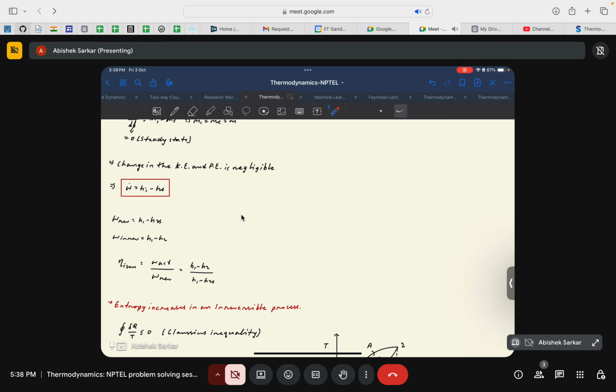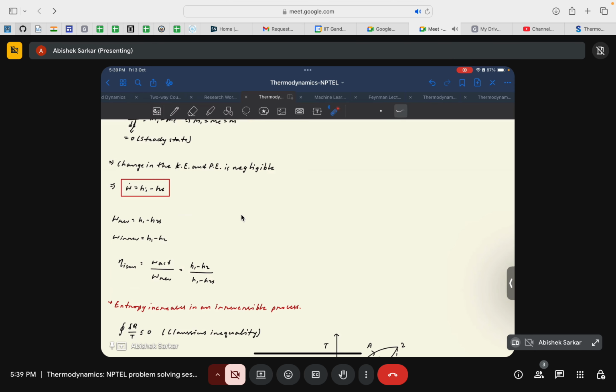So it would be H1 minus H2 divided by H1 minus H2S. Since the work produced by the reversible path is always greater than the work produced through the irreversible path, this efficiency would always be less than 1.